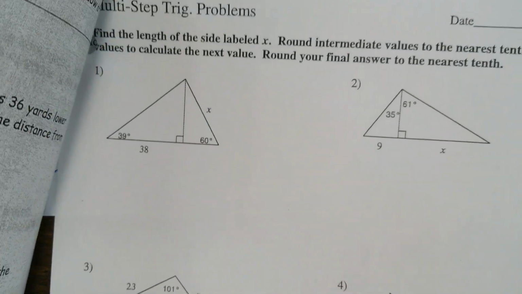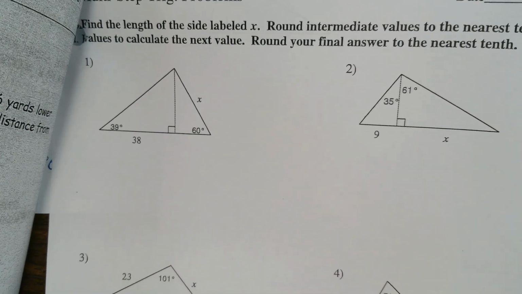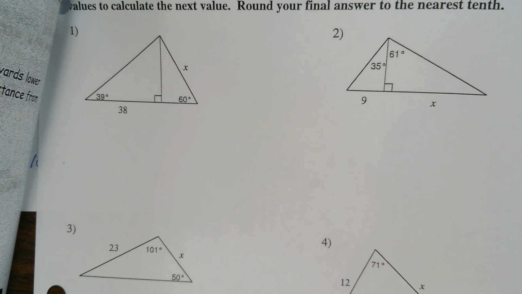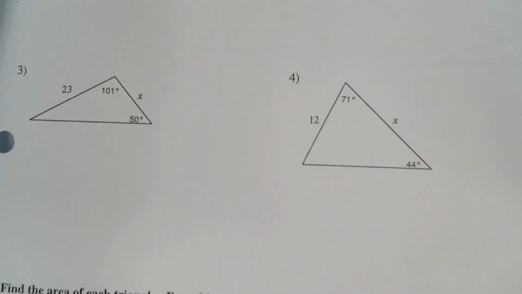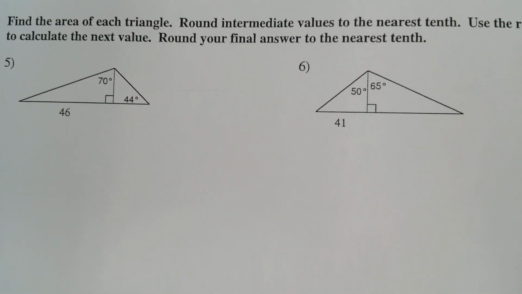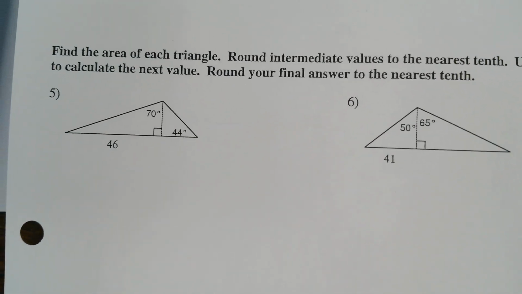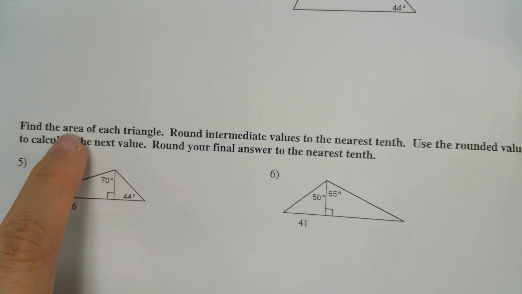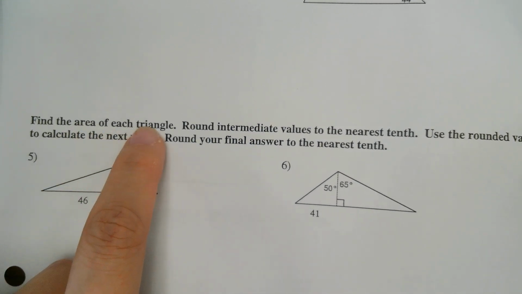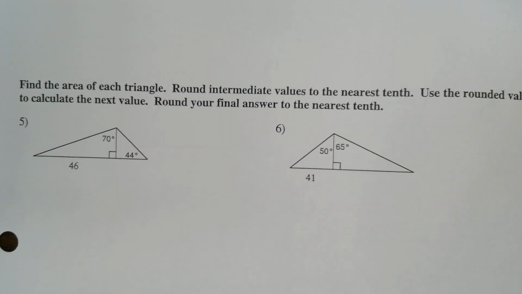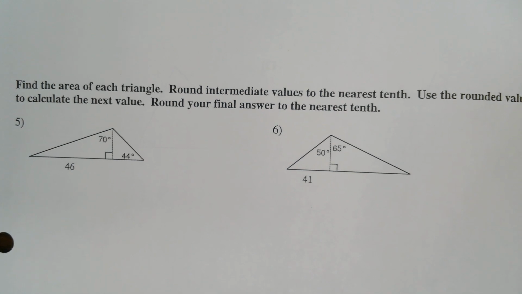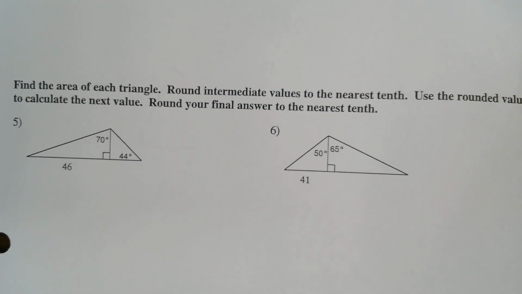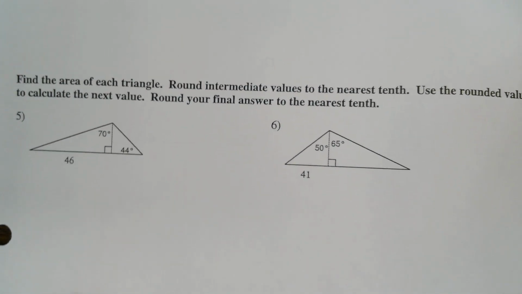These ones right here are multi-step trick problems, which means, as you can see, there are two right angle triangles, so you have to do SOHCAHTOA twice. Okay. Now this one right here on the bottom is just find the area of each triangle. How do I find the area of a triangle? What's the formula? Base times height divided by 2.